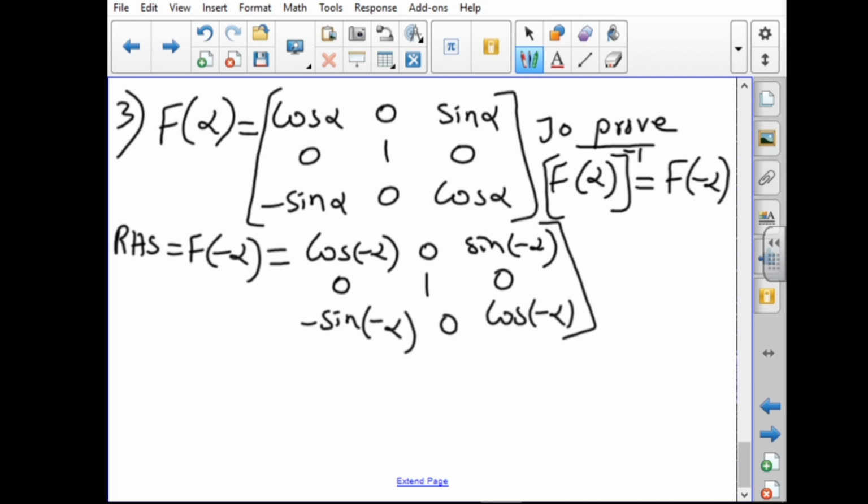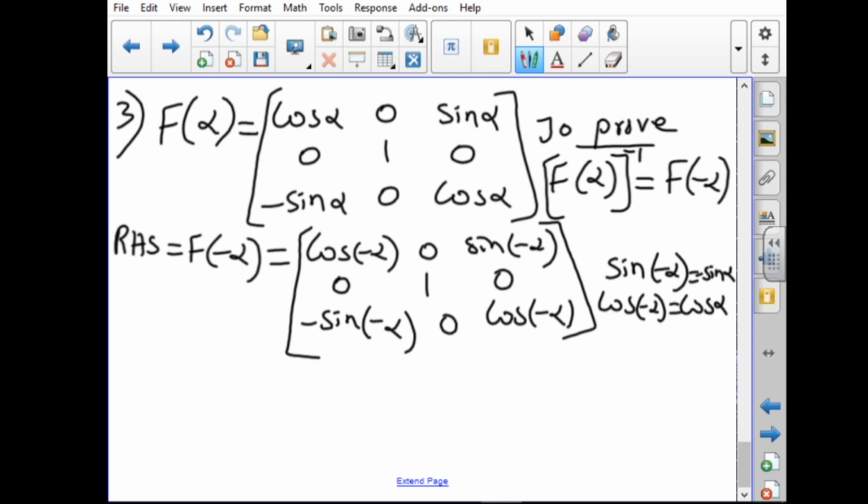From trigonometry, sin of minus alpha is equal to minus sin alpha, and cos of minus alpha is equal to cos alpha.